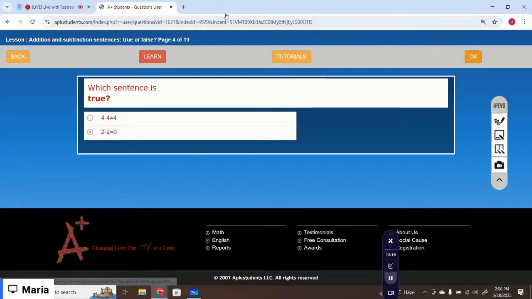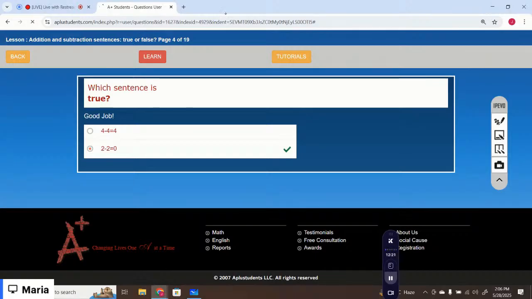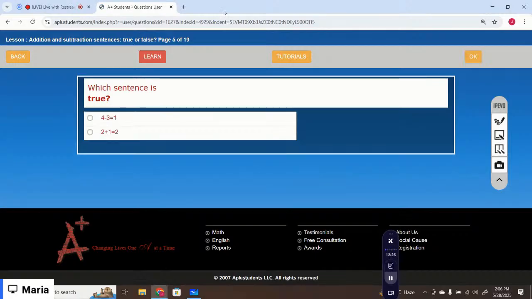Option number two is the correct option, that is 2 take away 0 is the true. Which sentence is true? That is option number one, 4 minus 3 is 1. First one is true.